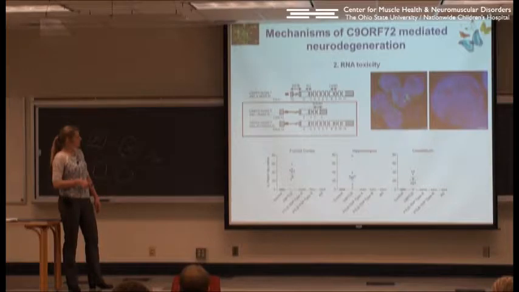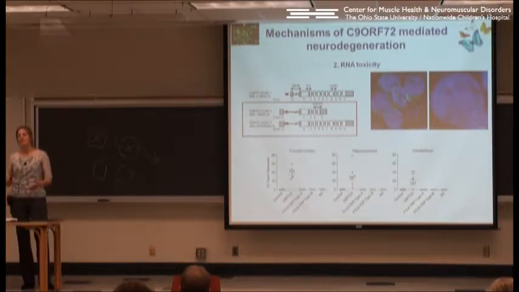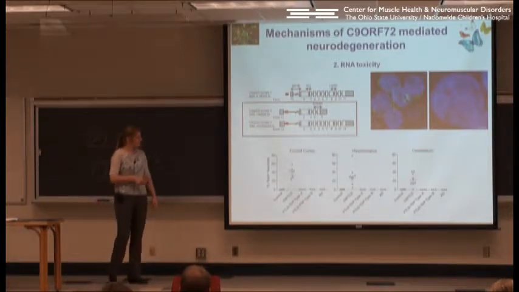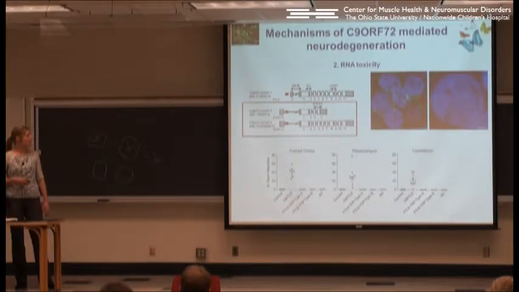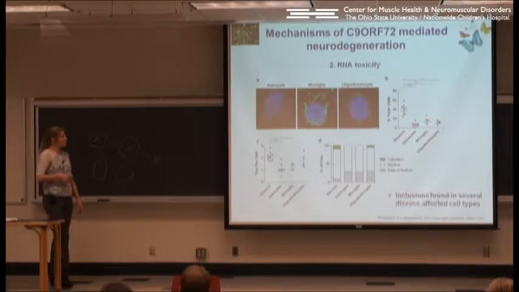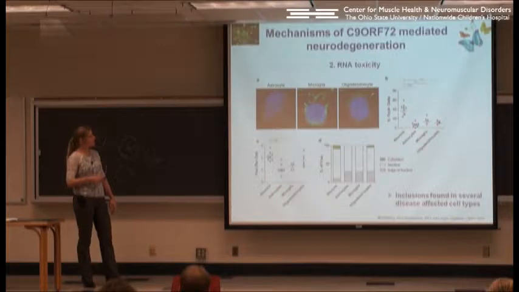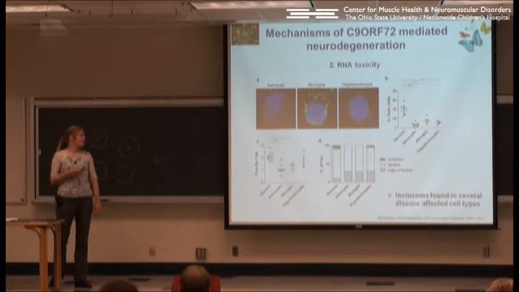So here you have the percent of neurons that have these foci in C9orf72 cases, and you see they don't find these foci in other FTD cases, so it's really specific for C9orf72 disease. They find it in the frontal cortex, hippocampus, and cerebellum, mainly all regions that are affected by FTD. And here you see they can find it in astrocytes, microglia, and oligodendrocytes, which are major players in ALS disease.